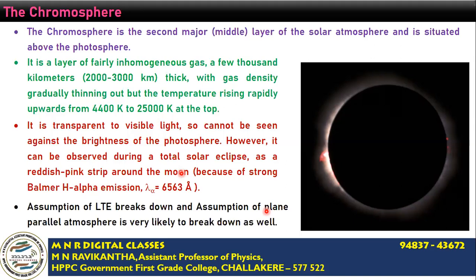This is a layer where the assumption of local thermodynamic equilibrium breaks down. As a result of this breakdown of local thermodynamic equilibrium, we see the inhomogeneous distribution of temperature. And the assumption of a plane parallel atmosphere is also likely to break down as well. The two important assumptions break down in the chromospheric part.